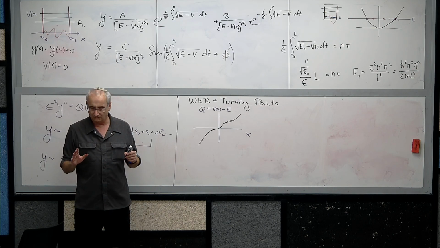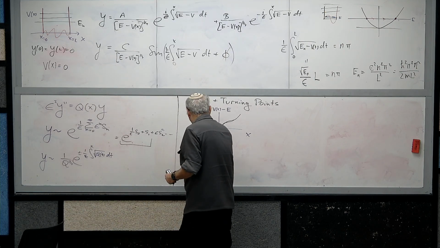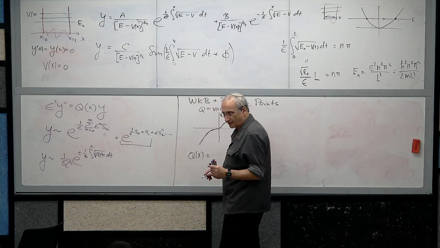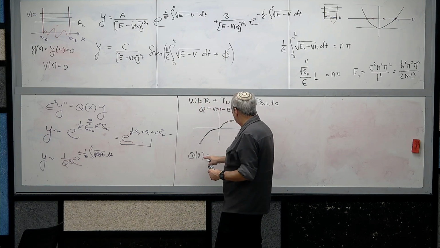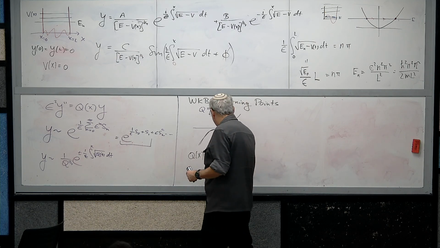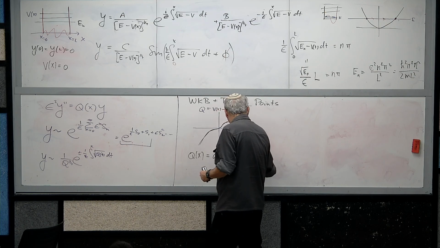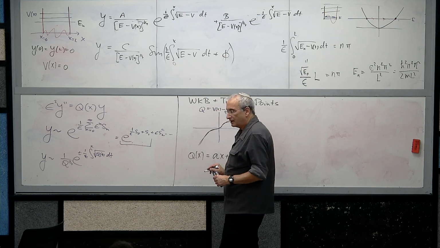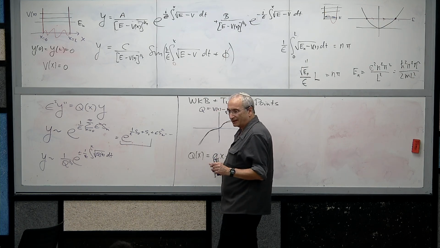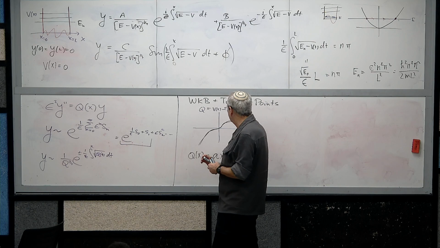In a generic case, at x equals 0, Q equals 0, so I can write Q of x as Ax plus Bx squared plus Cx cubed and so on. And I assume that A is not 0. If it was a saddle, then A would be 0, but this is extremely rare.